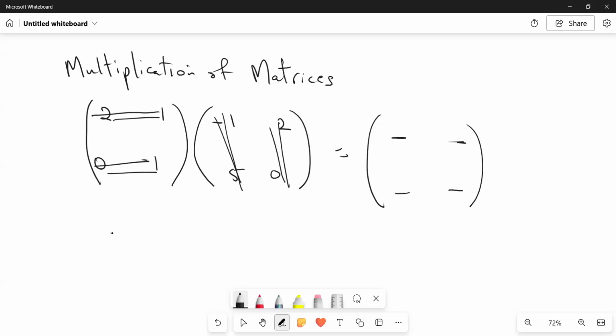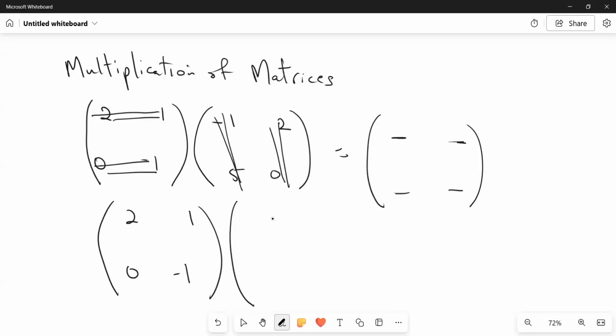Right? Let me do that again here. So, all right, 2, 1. Okay, I said this row by this column. So you can do 2 by minus 1 plus 1 by 5. So all of that you will simplify. Then this row by this column.